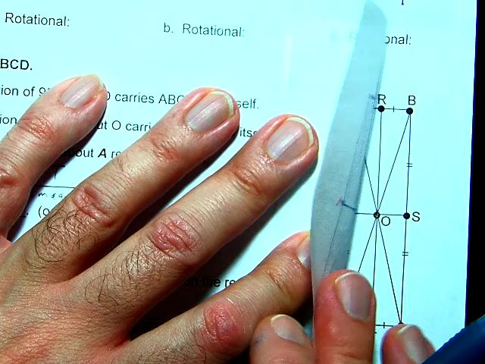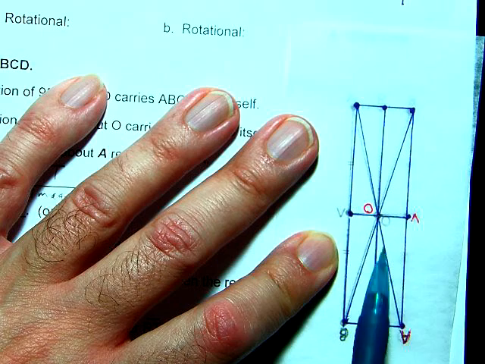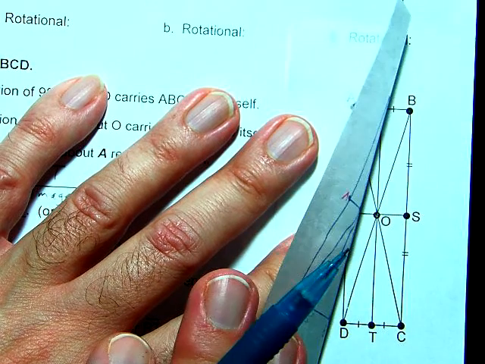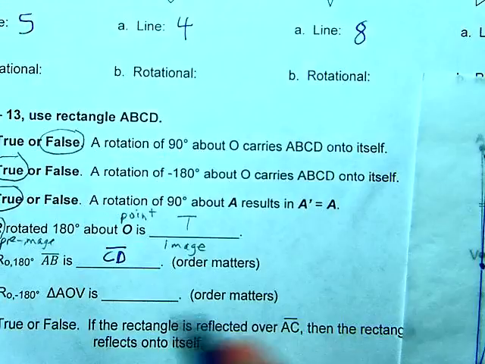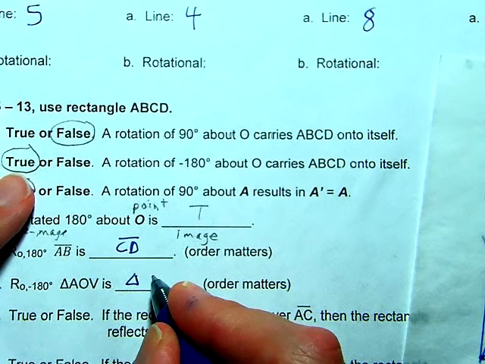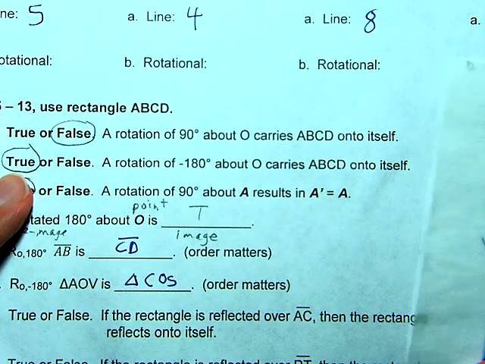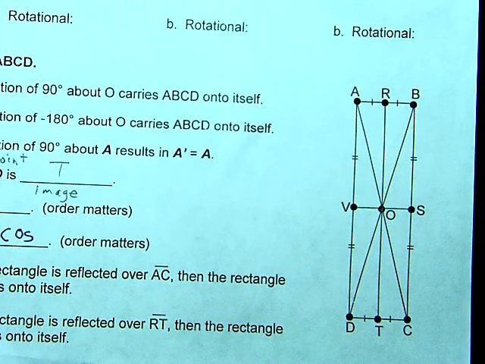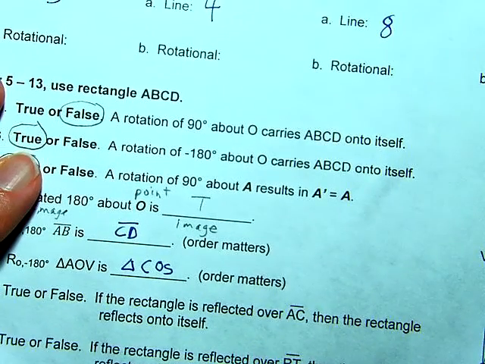V became S. So triangle AOV became triangle COS in order. So let's put that answer down. Triangle COS. Try to visualize in your mind what you just did with patty paper.